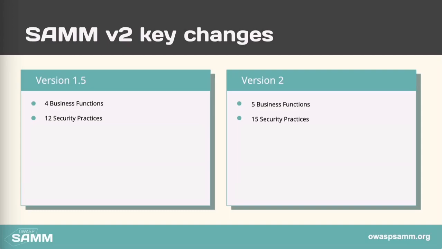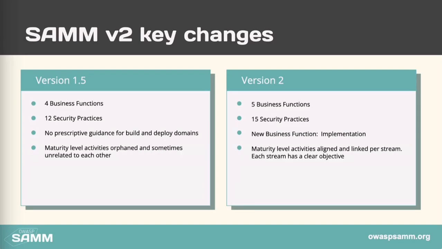Between 1.5 and 2, a new business function was added with 3 security practices. Actually, this information was there already, so it's not completely new, but it was spread around in other business functions, and we decided to pull it out and create a new business function.